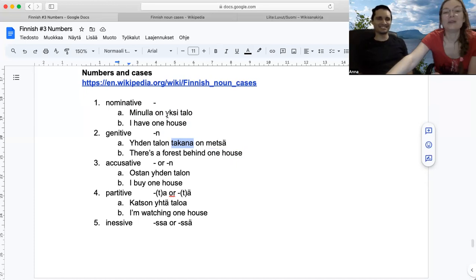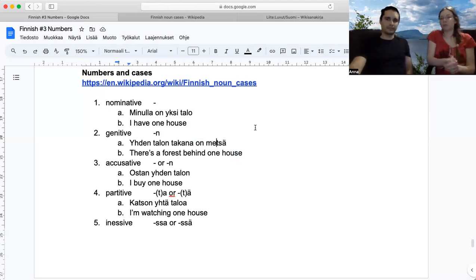So yksi talo in the genitive would be yhden talon. The n ending is the marker of this genitive case. Yhden talon takana would literally be one house behind. Then there is on metsä, forest.